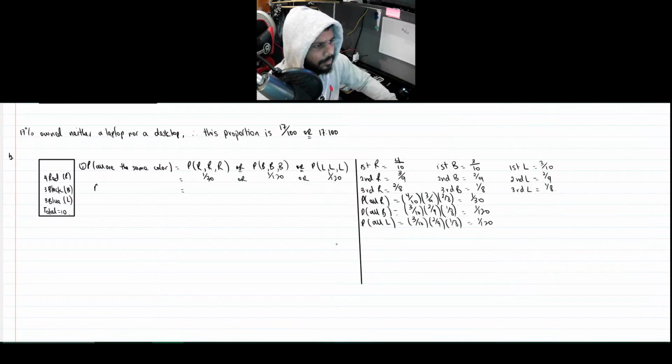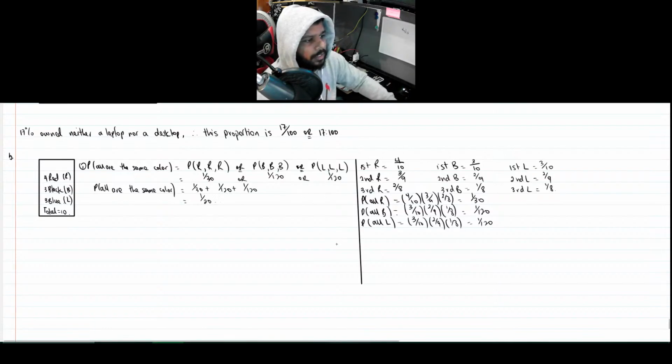So the probability that all are the same color is 1 out of 30 plus 1 out of 120 plus 1 out of 120, and that is equal to 1 out of 20. A little side note here: and means multiply, or means to add.